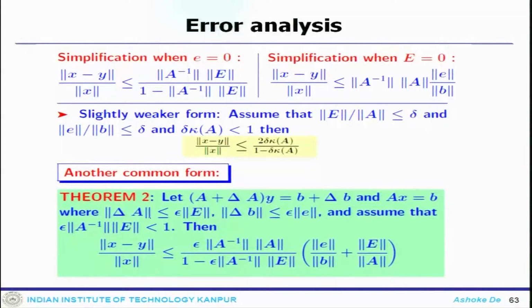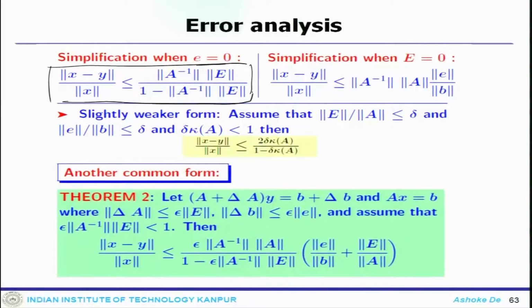Now, one can do some simplification to this kind of system. One immediate simplification is that you say E is 0. Then the norm of x minus y divided by the norm of x is less than or equal to this, so it boils down to another inequality.